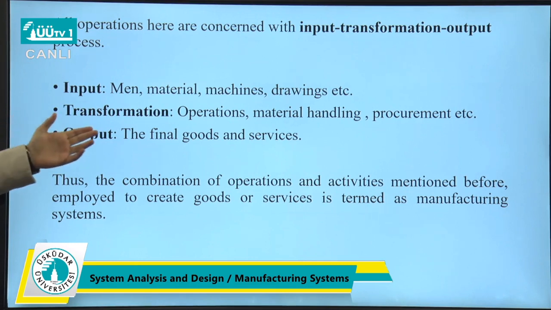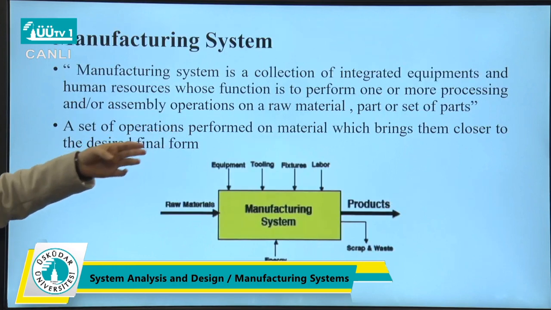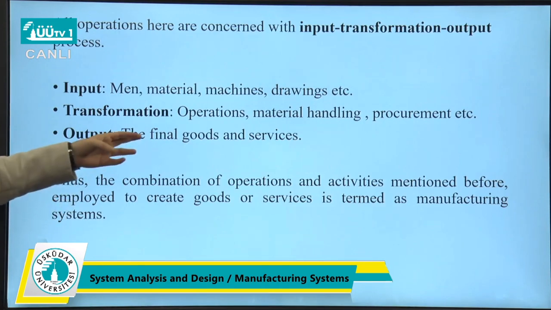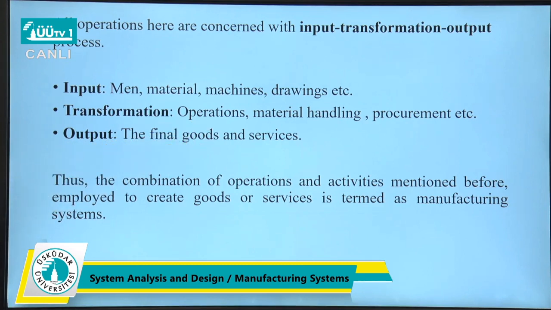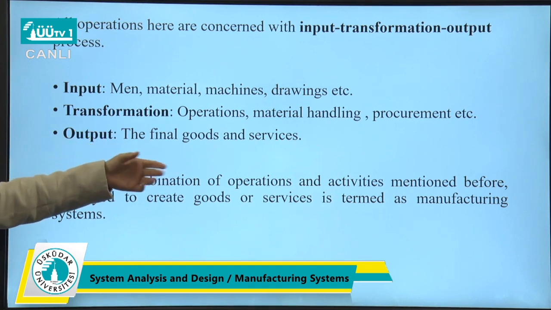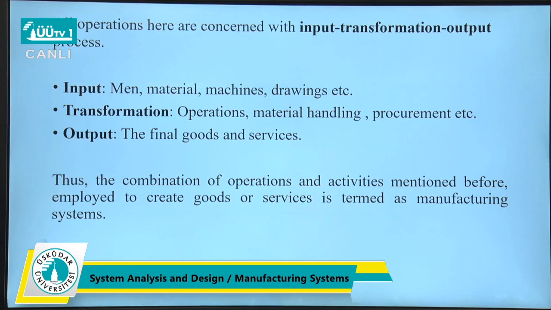The transformation can be, for example, operations, material handling, procurement, etc. And the output can be final goods and the services that we see out of the system.